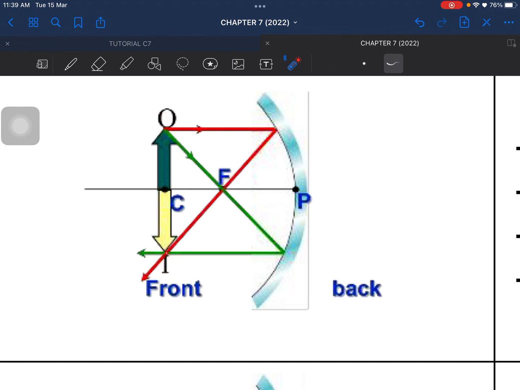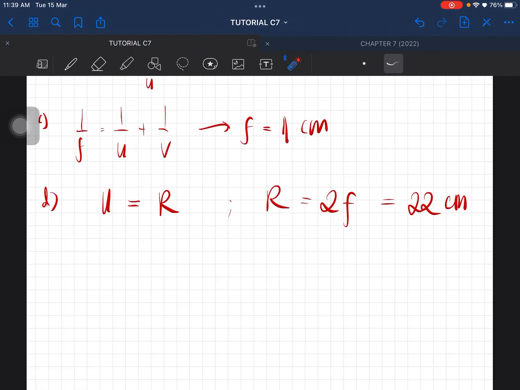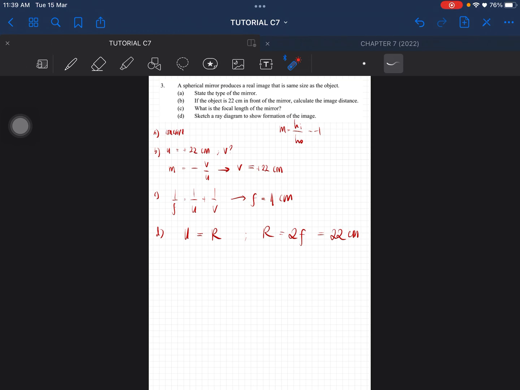If you draw it like this, you can get the point here, which tells us the image is inverted and has the same size as the object. And that is question number 3.